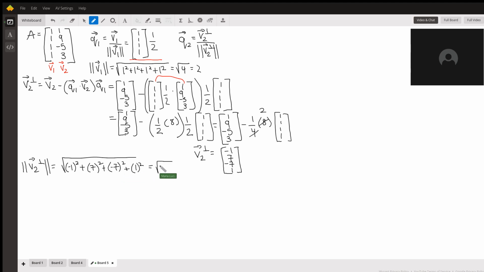That's root 100, which is equal to 10. So Q2 is equal to 1 over 10 times negative 1, 7, negative 7, 1.